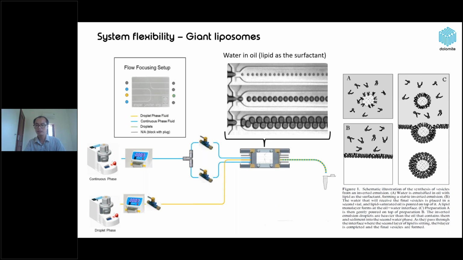So the bilayer is complete and the final vesicle forms. So you can generate the liposome, just including the two lipid bilayers with a water core inside, in micro size.